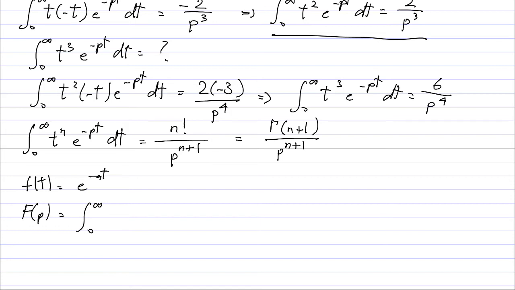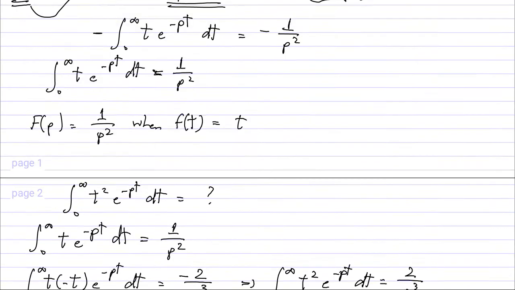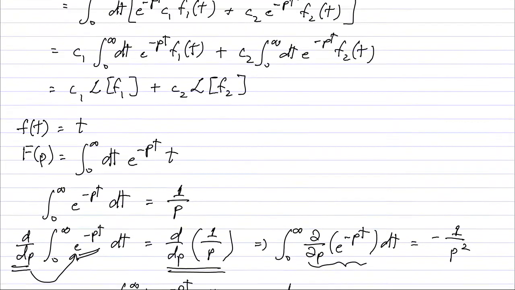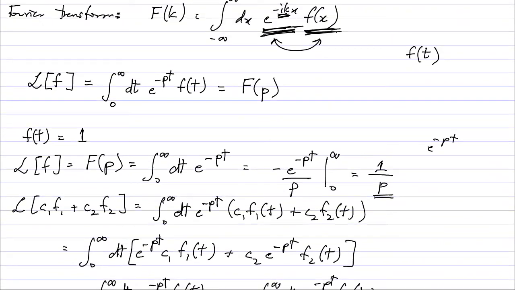Like I said, for the Laplace transform of 1, which we found is equal to 1 over p, this is only valid when p is bigger than 0. Otherwise this integral is not going to converge. If p is less than 0, then of course it's going to blow up at infinity.